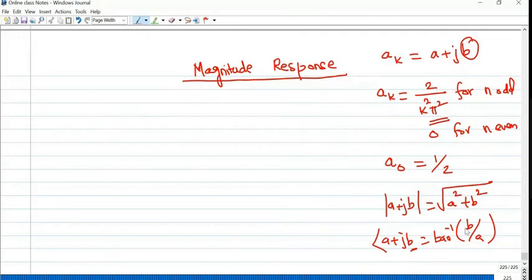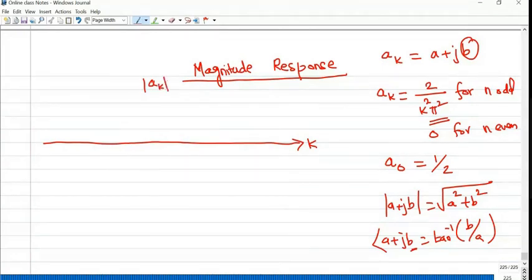First, let me complete the magnitude response. What is the magnitude response? k versus modulus of ak. At k equal to 0, that is a naught, which is why I computed a naught separately. a naught equals 1 by 2 plus j0, actually the imaginary part is not there, so the modulus of a naught, root of 1 by 2 square, is 1 by 2 only.